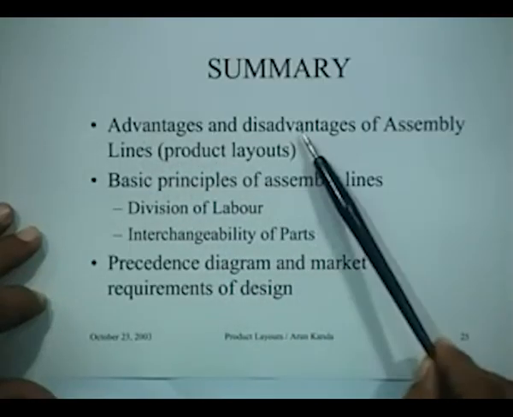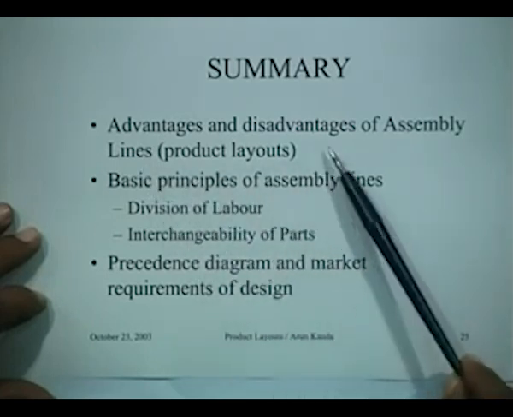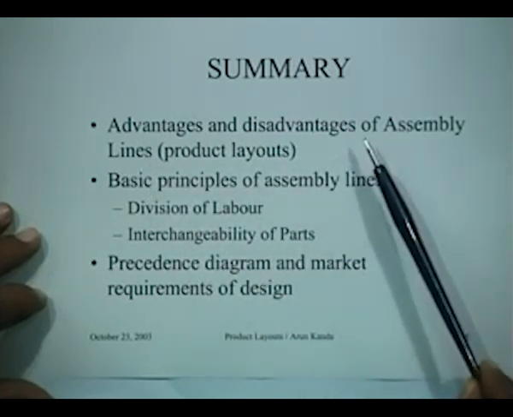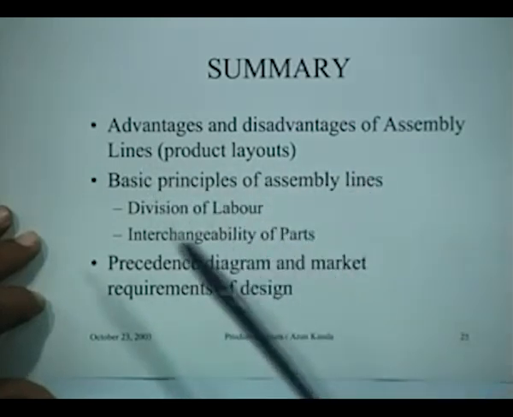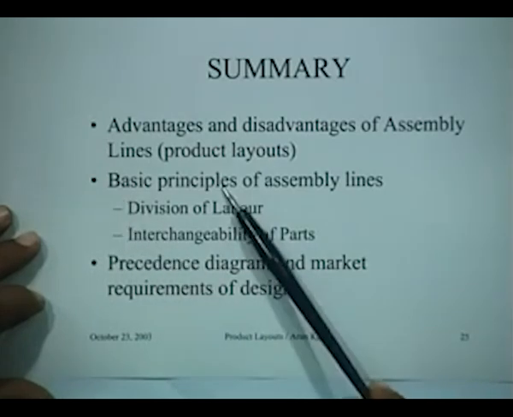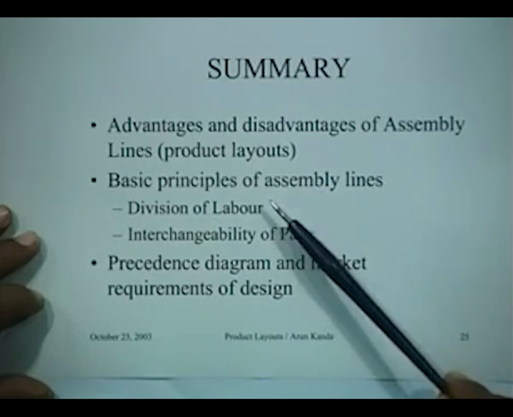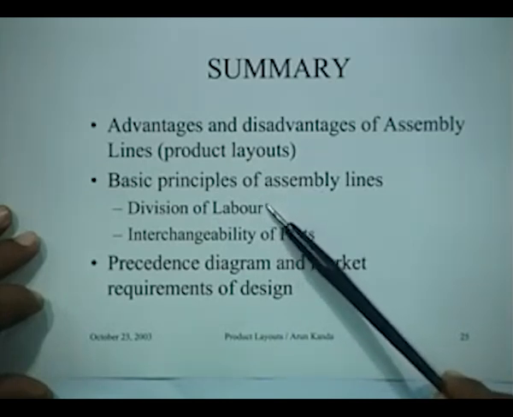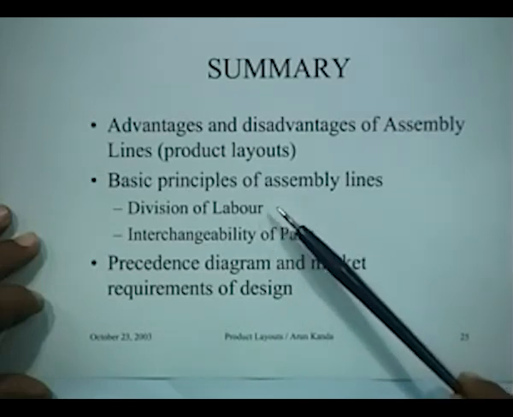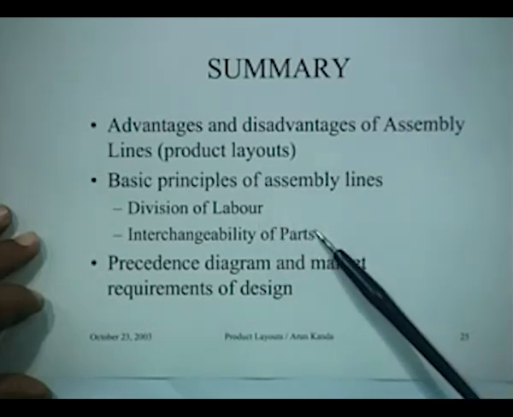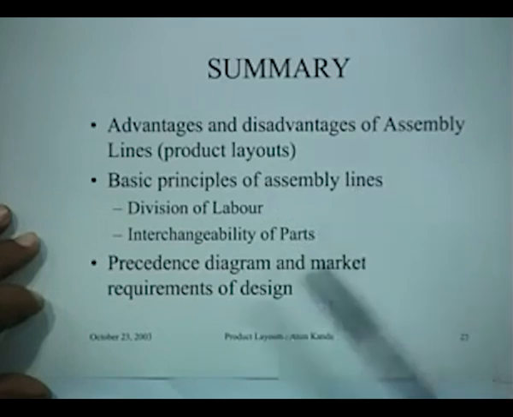Finally, let's try to summarize what we have done in this particular class. We have tried to look at the advantages and disadvantages of assembly lines or product layouts primarily. We have seen the basic principles involved in the design of assembly lines, and we found that they were things like division of labor and interchangeability of parts, which were contributions by Adam Smith and by Eli Whitney, which help us operate the assembly line.